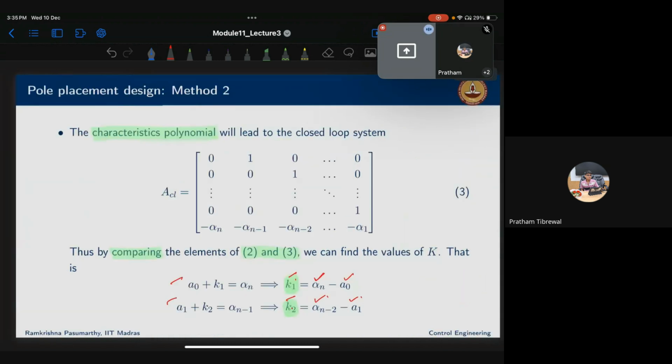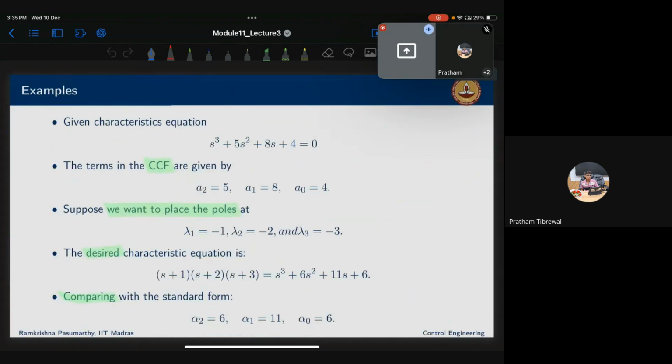Suppose you can see here in the example, again this one, when you take det(sI minus A) equal to 0, the characteristic equation, that is the denominator, these are the coefficients. a2 is 5, a1 is 8, a0 is 4. Now these are the desired poles: lambda is -1, -2, -3.